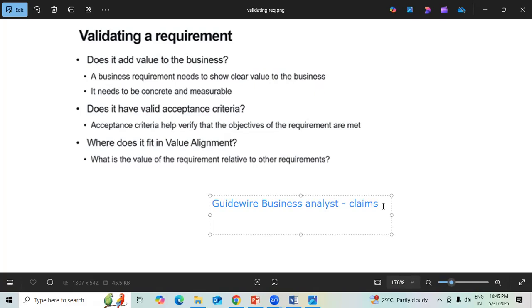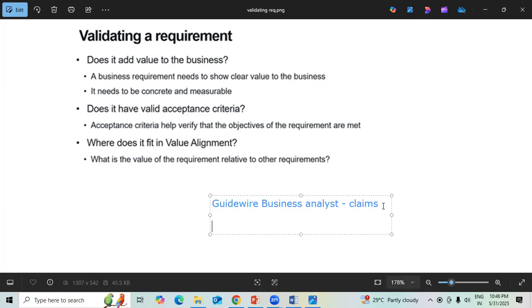The first one is about the value, because to what extent the requirements that we have taken, or are about to develop, will provide value to the business. Whatever business requirements we have identified based on the interaction with stakeholders, we always see how clear they are.